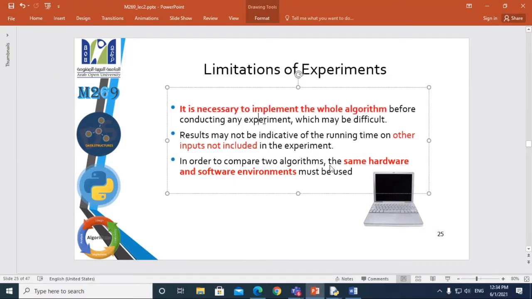The first one has so many limitations, the most important being that you must implement the whole algorithm beforehand. Also, results may not be indicative of the running time on other inputs.